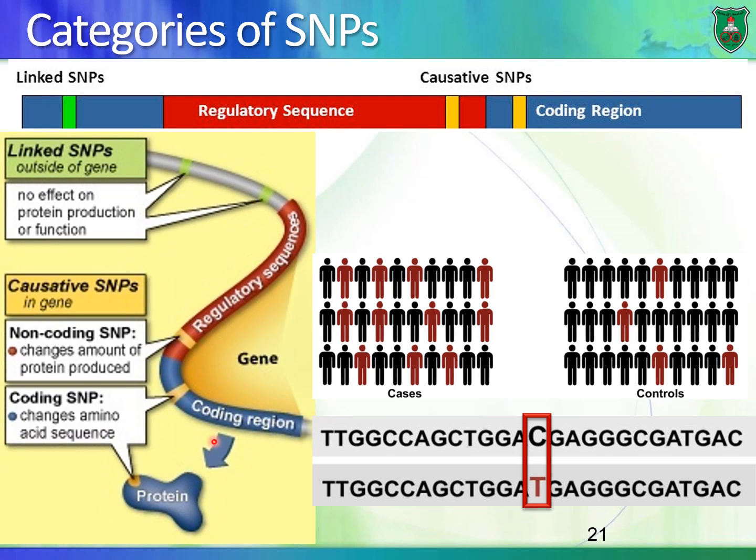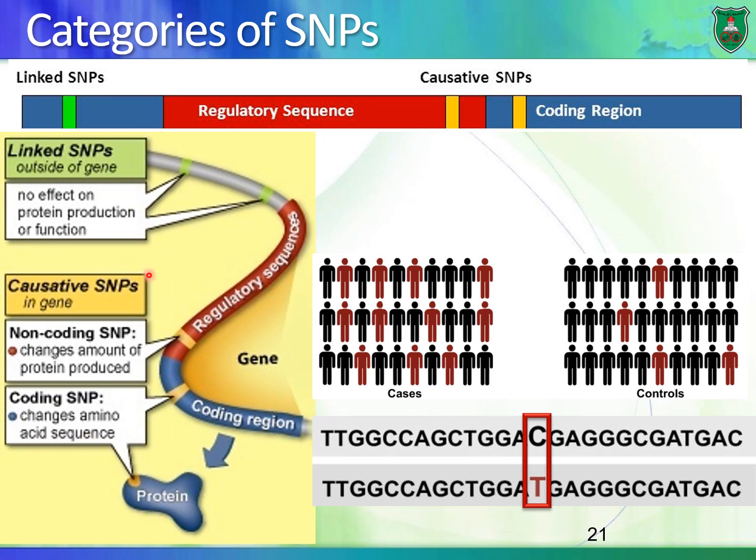So we call it a coding SNP. This may change the amino acid sequence. Sometimes this change may not be that important. It's not like the protein is defective. An enzyme, for example, might be about 50% less efficient than if it has the other SNP, and we would not be able to know; the person is totally normal.